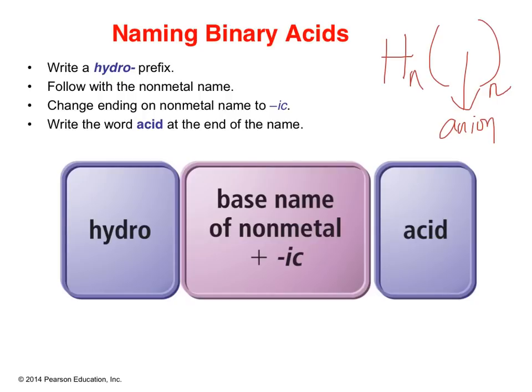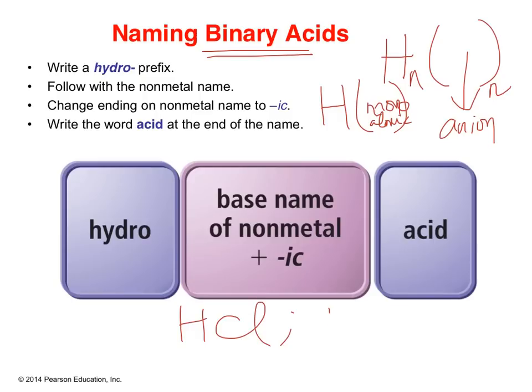Now, if there is just one hydrogen and one monoatomic ion, okay, one hydrogen followed by one monoatomic ion, then it's known as a binary acid, like HCl, HF, like this.